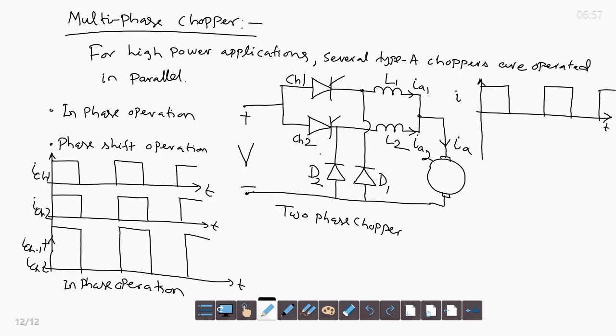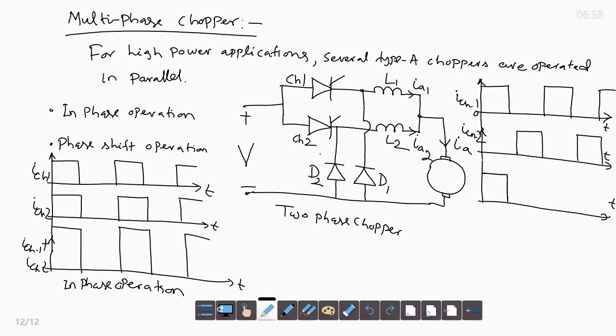So this is I_CH1, and the current in chopper 2, I_CH2, is out of phase from the current in chopper 1. So this is phase shift operation. Sometimes they can be totally out of phase or maybe partially phase shifted. This is I_A, that is I_CH1 plus I_CH2. This is the current waveform from phase shift operation.